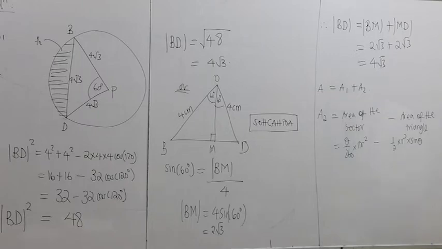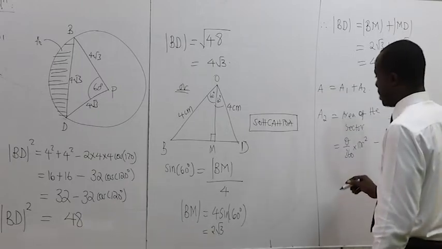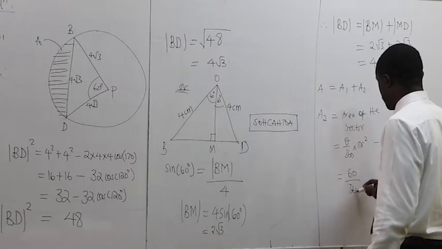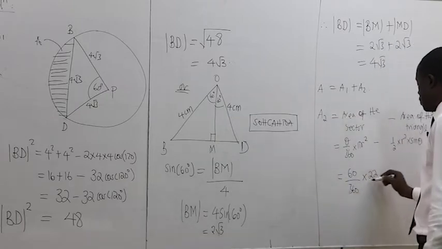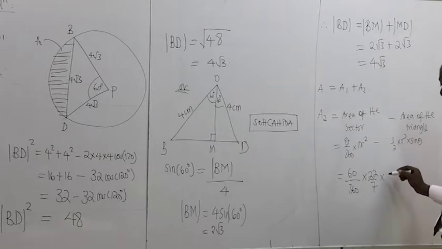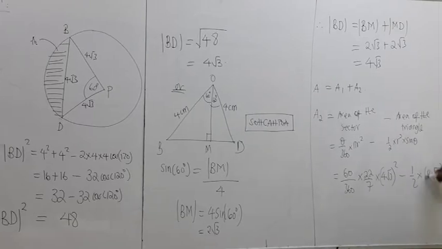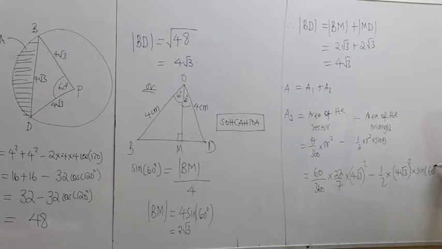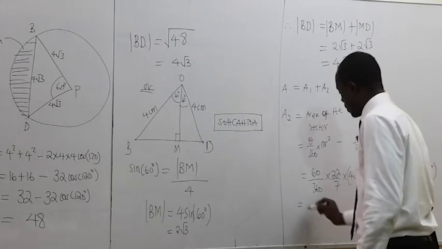What is our angle theta? We have our angle to be 60 degrees, so 60 out of 360 times pi, 22 over 7, times r, that's 4 root 3, squared, minus half times r, 4 root 3, squared, times sine theta, and then the angle is 60 degrees.